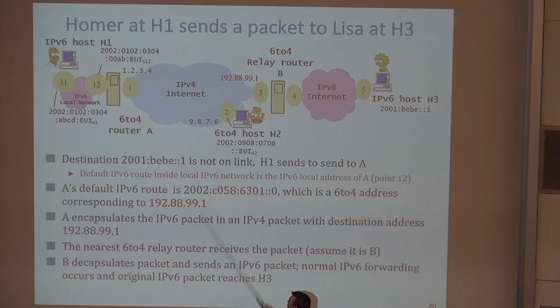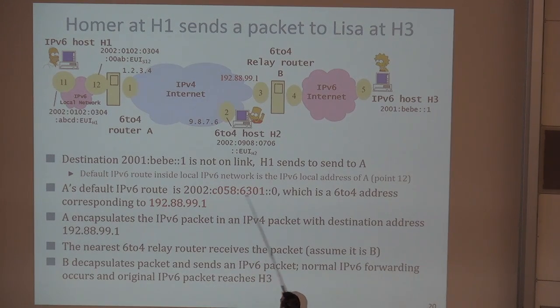From an IPv6 routing perspective, that means that A, which has received an IPv6 packet, has to apply IPv6 routing. It has to go to the IPv6 routing table. We could do it differently, but it's nicer if we do it by using the standard IPv6 routing principles. If we do this, which is, as I understand, what is done, this means you have to put a route in the routing table for what you do with packets that go to the default route. So A has a default route that says everything that I don't know where to send, my next hop is this here.